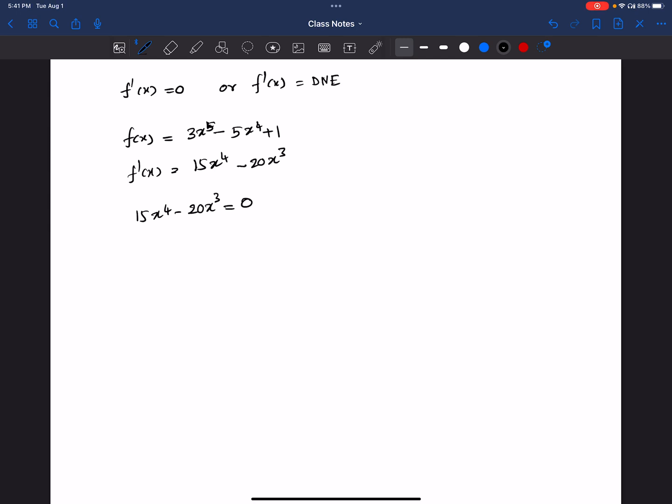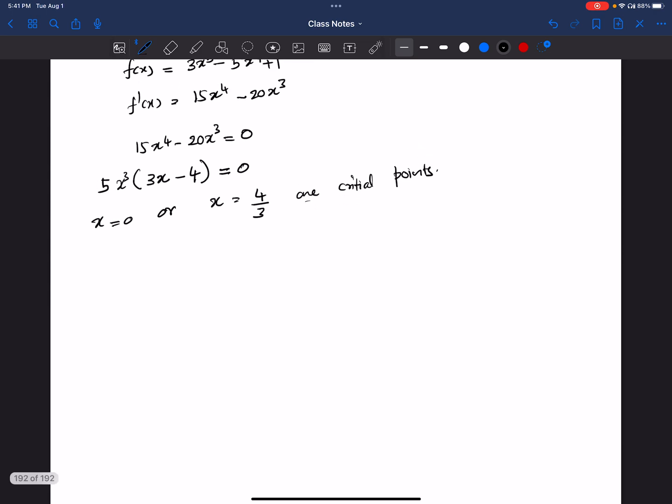So you can factor out 5x cubed times (3x minus 4) equals 0. So x equals 0 or x equals 4 over 3 are critical points.